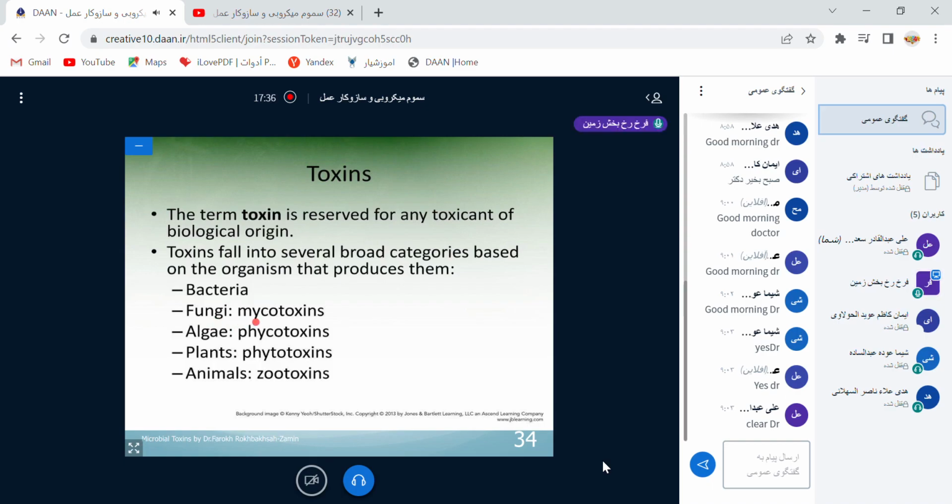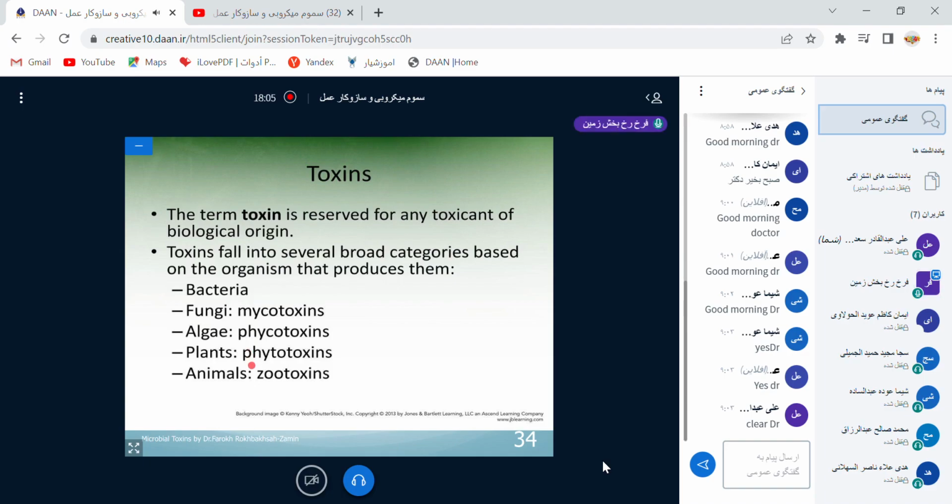Myco means fungi, and toxin means poisonous substance. Poisonous substances which are produced by fungi, we call them mycotoxins. Some toxins are produced by algae. We call them phycotoxins.